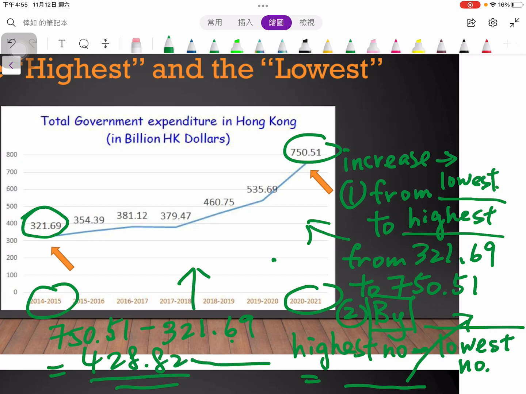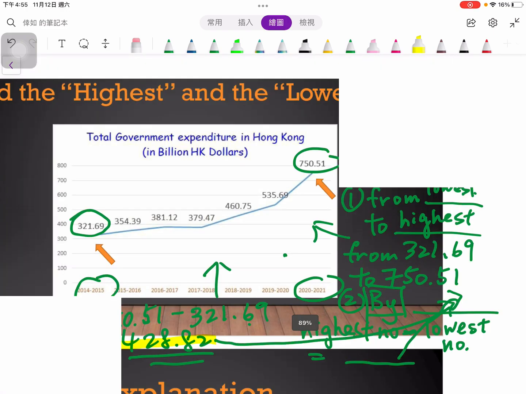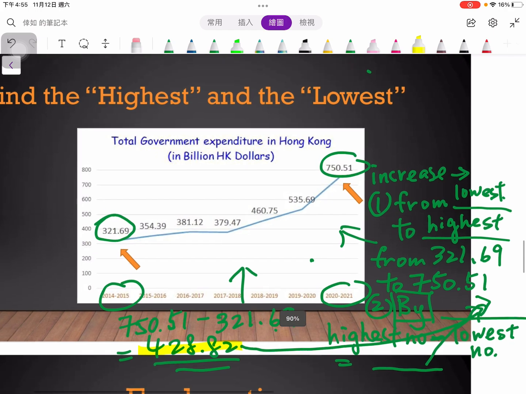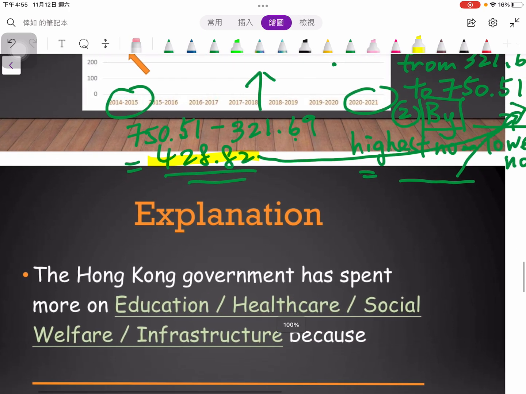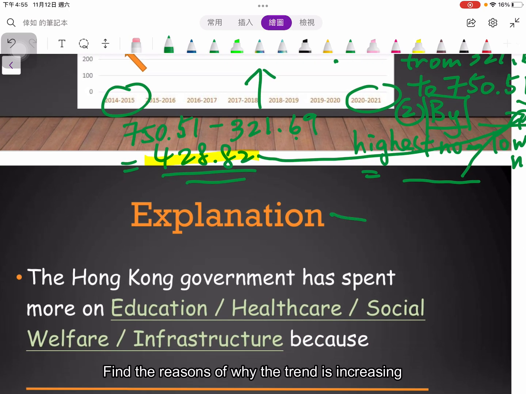And use this answer and put it back here. That means you have to find the differences of these two periods by using the word by. Okay, please pay attention. When you finish writing down the numbers in details, let's come to the third step. The third step is finding the reasons why we have this trend.